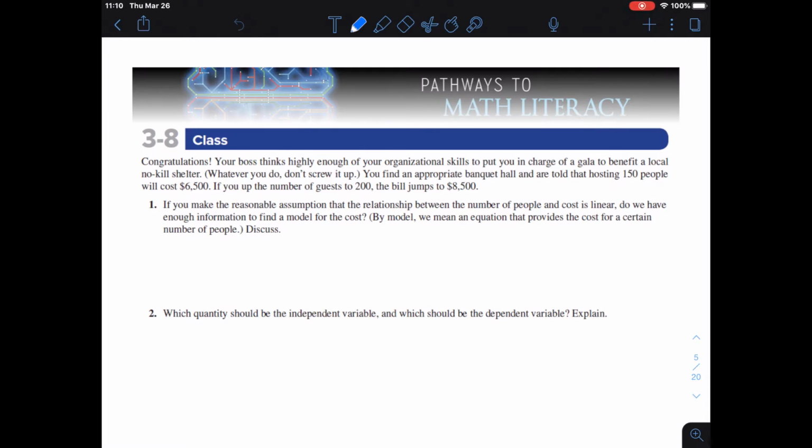It's reasonable to assume that the relationship between number of people and cost is linear, because it should be the same amount per head. So we do have an appropriate model, because remember, the only thing we need to make a line or graph a line even is 2 points on it. So yes, we have enough information to model the cost since we have 2 points on the line.